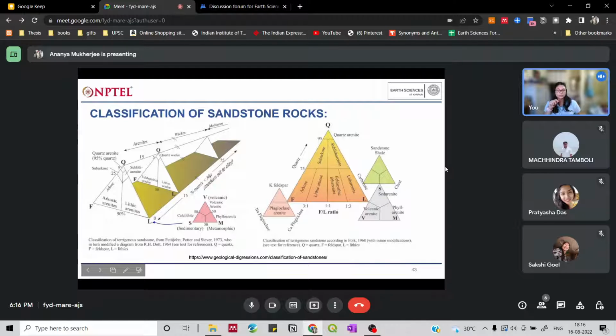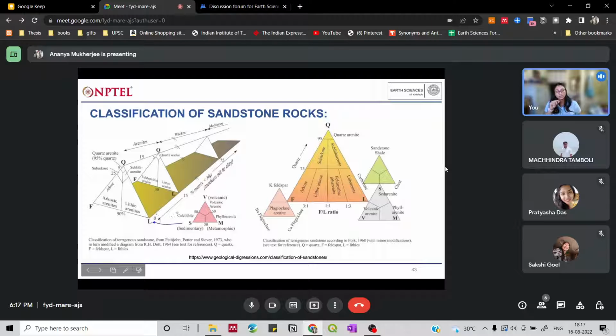But as feldspars start to appear, F is feldspars and L is lithic, meaning rock fragments. If the quartz rock is also composed of feldspar or rock fragments, it becomes heterogeneous. Pure quartz is homogeneous, but if we have feldspar or rock fragments, it will slowly start becoming heterogeneous.